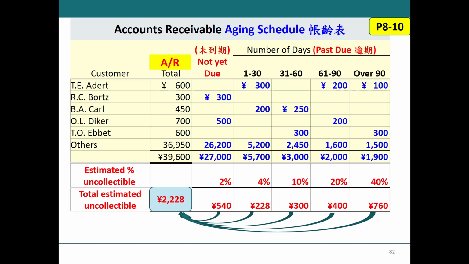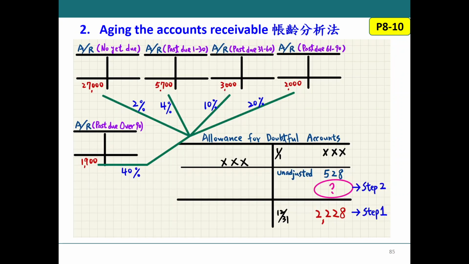Okay, so that's our first step. But don't forget, when we want to record this year's situation, we have to consider how much of the amount is still in our accounting books, right? So this is our first step. After this, what should we do?